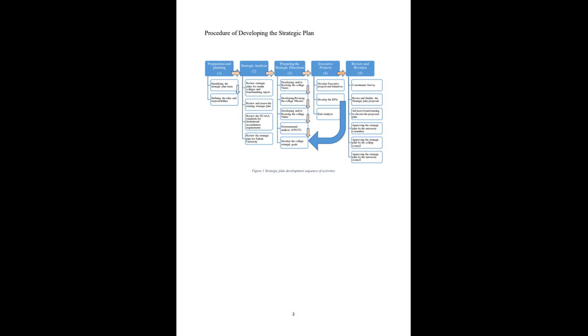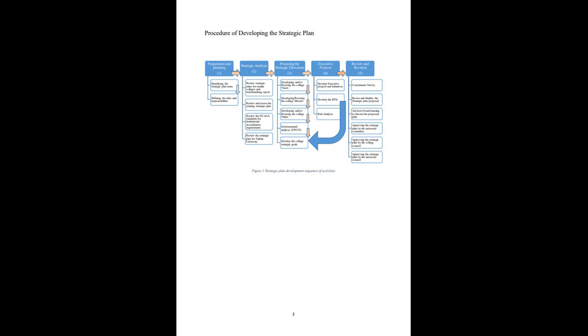We have done a benchmark, and as we are going through this real case study, you may add some tools that will be helpful for you depending on the case that you're working on. Like we have applied a benchmark comparing other Colleges of Engineering in other universities, how they develop their strategic plan, what they include, what they have, and so on.